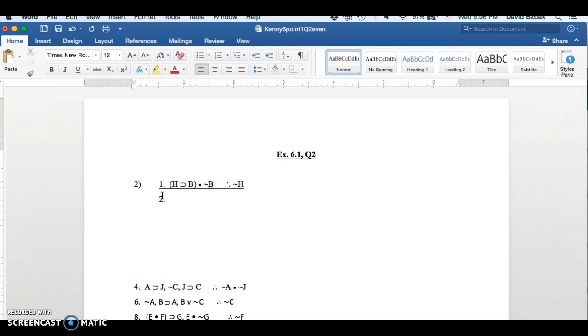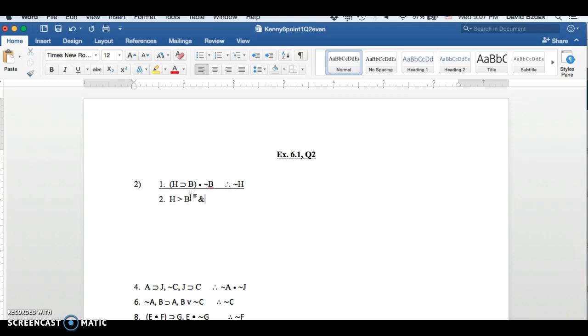So again, there's strategies for these derivations that the author puts in the textbook, and they're summarized at the end of chapter 6, I believe. But there's basically two ways to work. One is to look at your premise and apply whatever rules can be applied. So in this case, we have a conjunction, so we can apply the conjunction elimination rule.